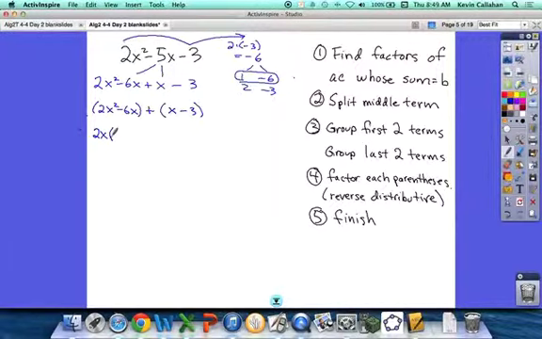What's left inside the parentheses? If I divide 2x squared by 2x, there's still one x in there, right? I divide 6x by 2x, minus 3, right? Don't forget the minus. And the last set of parentheses, there is no factoring to do. So just write down x minus 3.